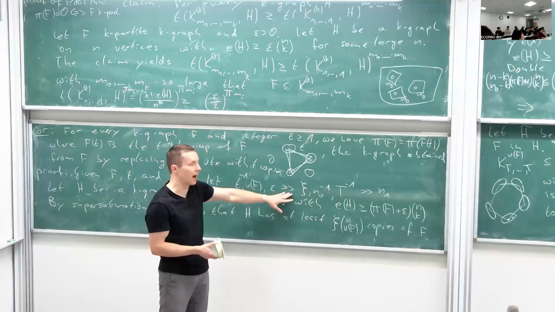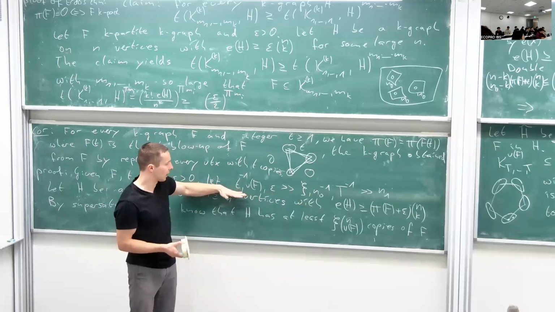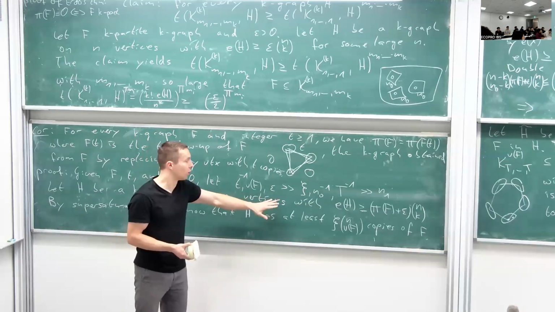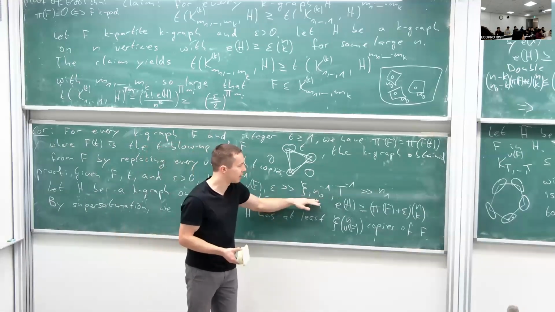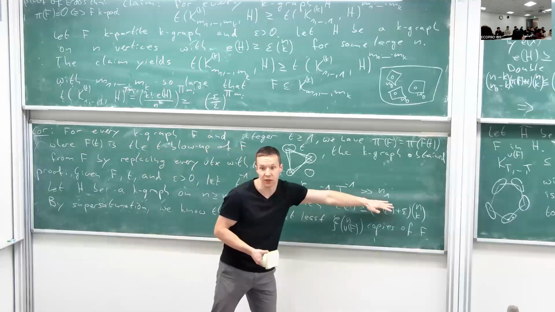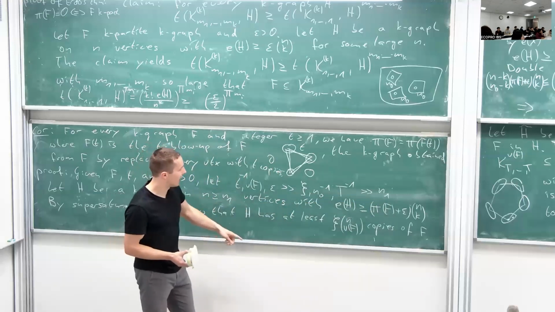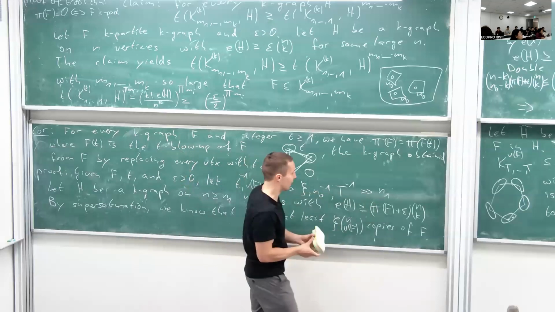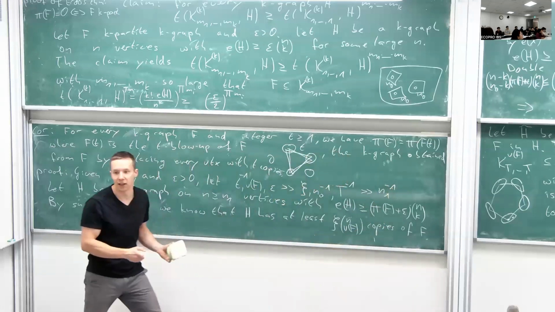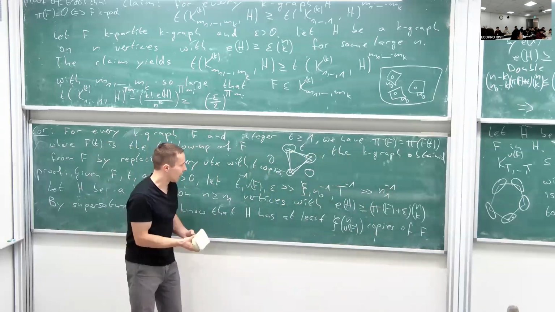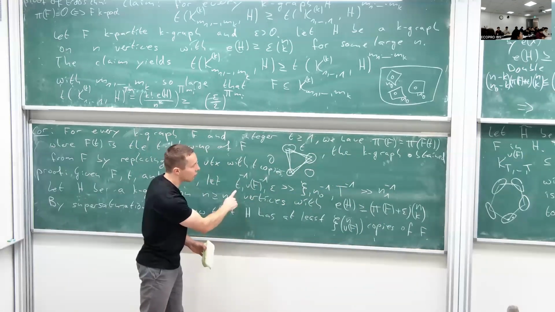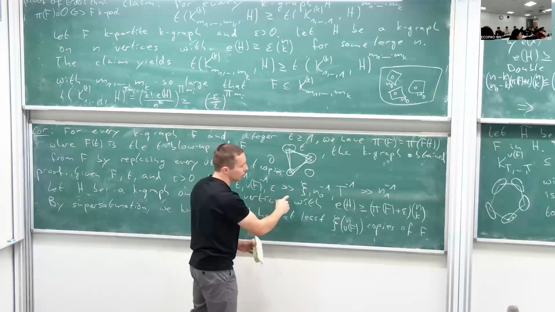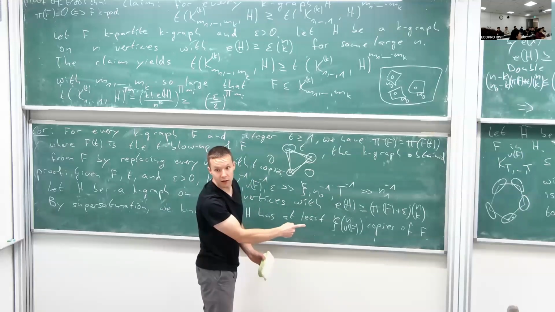So this is just the hierarchy that we want to choose, right? We start with our F that's given, our t and our epsilon. And then with those given, we want to choose these. And then once we've chosen these, we want to choose this. Some are integers. This is an integer, this is an integer. So given epsilon, we want to choose this T to be very large, right?